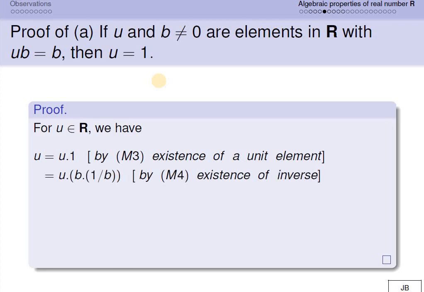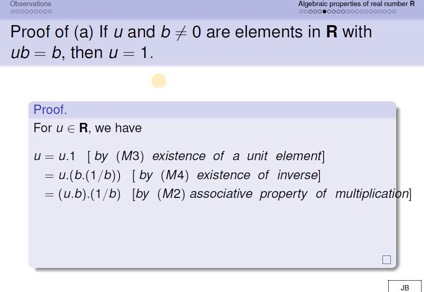So by the M4, existence of inverse element, we have u dot b dot 1 by b. Now, by associativity of multiplication, I can change the order of the bracket, and we have ub in one bracket and 1 by b in another bracket. So this is by the associativity of multiplication. Next, now ub is given to be b, so you just put that here.